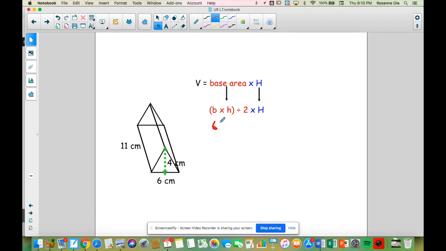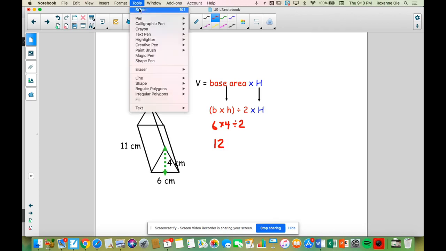Okay. What's the small h, or the height of this triangle? 4. Okay, 6 times 4, don't forget we're dividing it by 2. So let's do that. 6 times 4 is 24. Divided by 2, you're going to get 12.